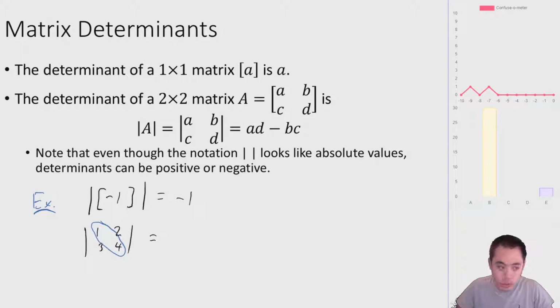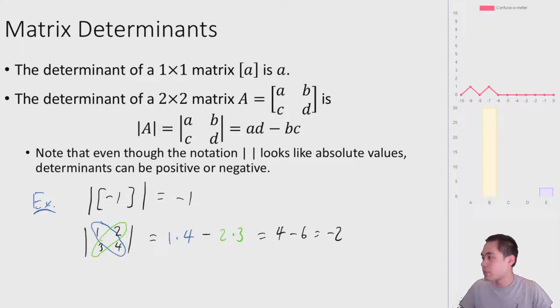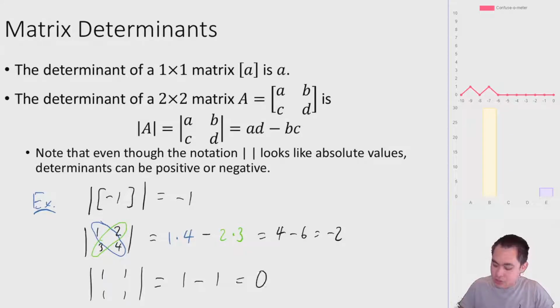So that's going to be 1 times 4. And we're going to subtract from that the product of the 2 and the 3 here. So 2 times 3. So this is equal to 4 minus 6, which is equal to minus 2. And lastly, the determinant of 1, 1, 1, 1 is equal to 1 minus 1, which is equal to 0.